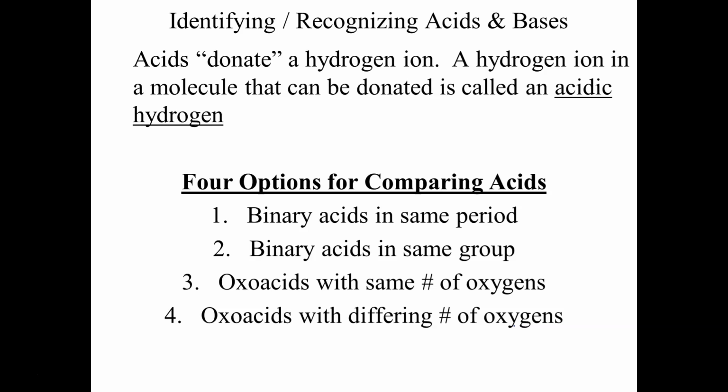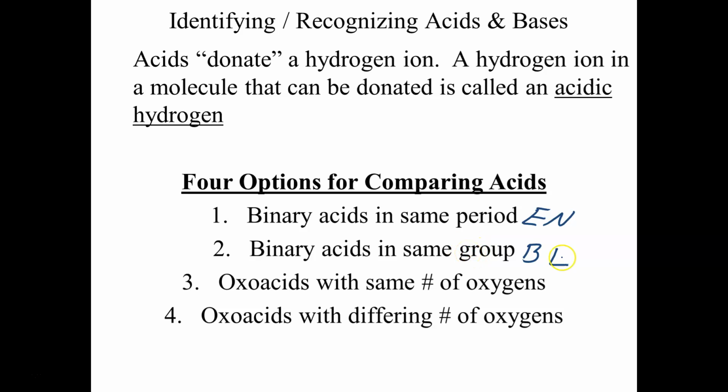So it's all pretty summarized for you already, but if you're looking at these 4 categories, binary acids in the same period, okay, you have to focus on what here? You got to focus on electronegativity. All right. Binary acids in the same group, you're focusing on bond length, because there's such a big difference in the size of the bond here going down a group.